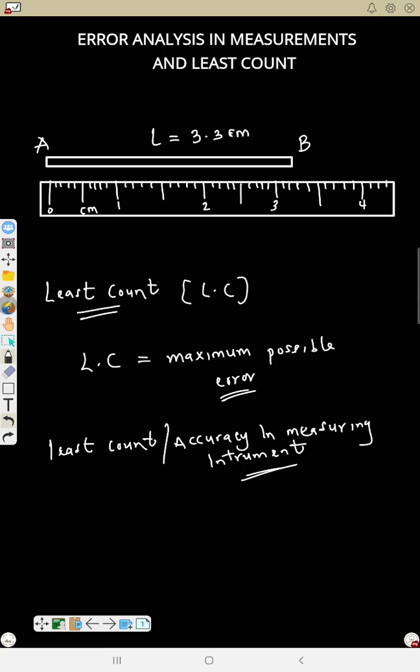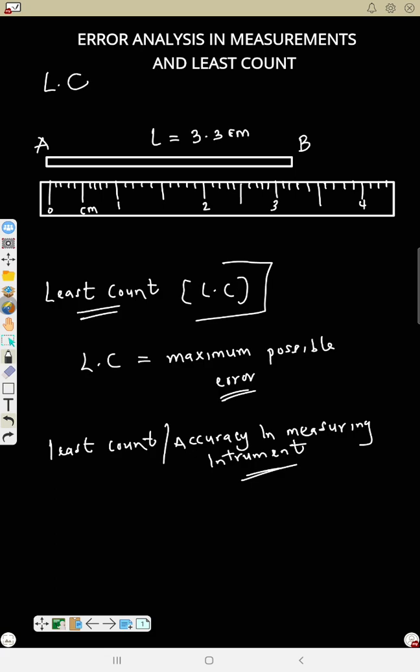We have already discussed accuracy in measuring instruments in the first video of measurements. If you go and check the video, we said the accuracy of a measuring instrument is the highest number of decimal places to which an instrument can measure in terms of a specified unit of measurement. So that means the maximum possible error in a measurement is the least count.